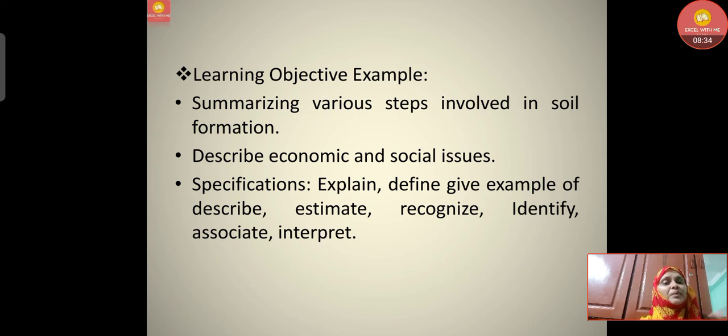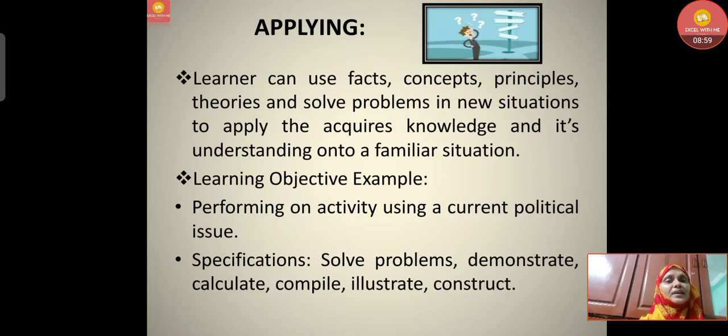The students will be able to describe the different steps involved in soil formation. The students will estimate. The students will be able to recognize the different steps of soil formation. The students will be able to identify, associate. The students will be able to interpret. So this is how to write the learning objectives related to understanding.